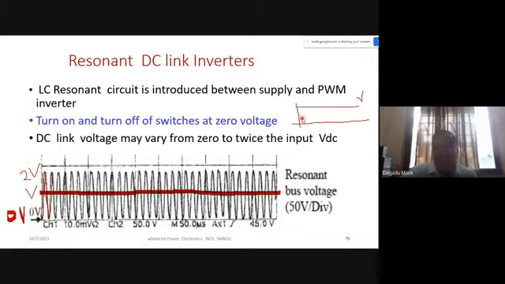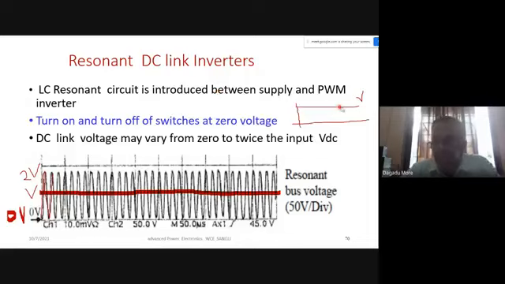But in case of resonant, the same DC link voltage becomes twice V, and it is oscillating DC. It goes to 2 times V, coming to 0 and so on. But the average, if you find out the average voltage of this waveform, is the same as VDC. So that is the difference between DC link voltage in case of VSI.